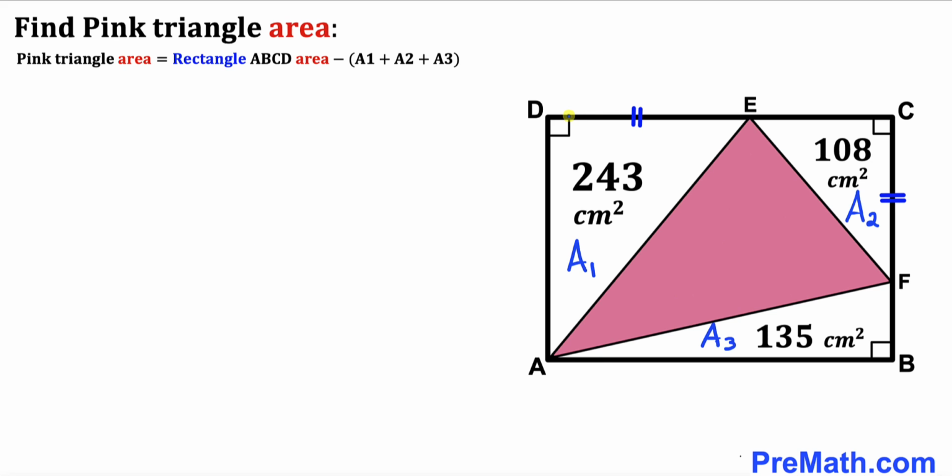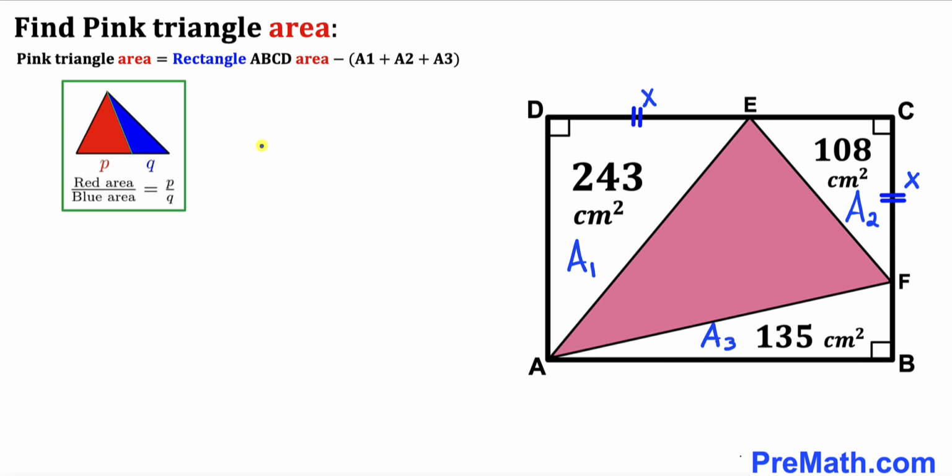And here's our next step. Let's focus on this segment DE. Let me label this one as X. Then this segment CF is going to be X as well. And now let's recall this concept on the ratio of the area of these two triangles equal to the ratio of their bases.